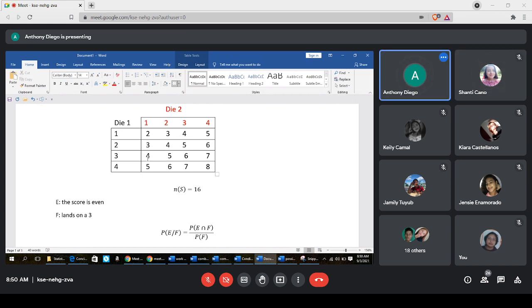I know. Yes, but how about 6? This number, isn't this even? And it lands on a tree too? I remember I said at least one lands on a tree.